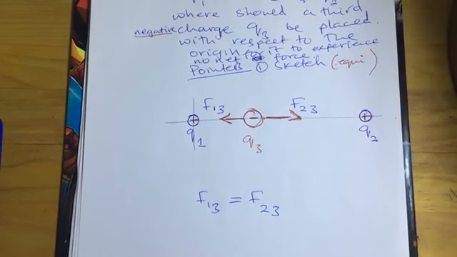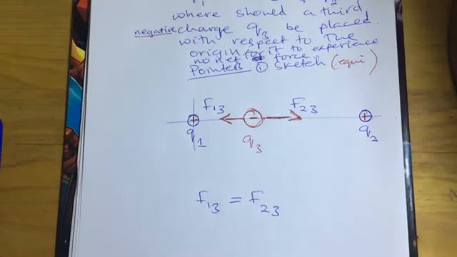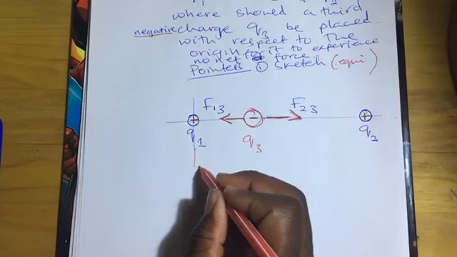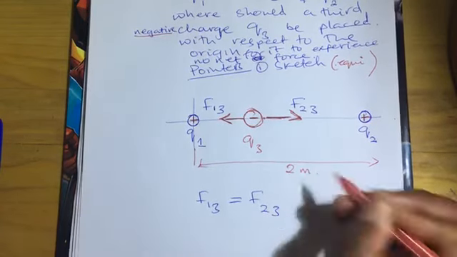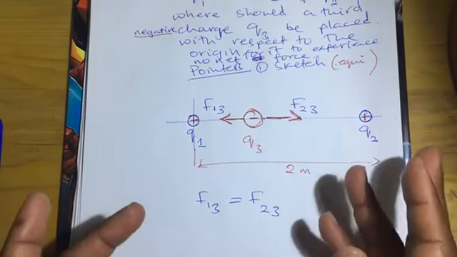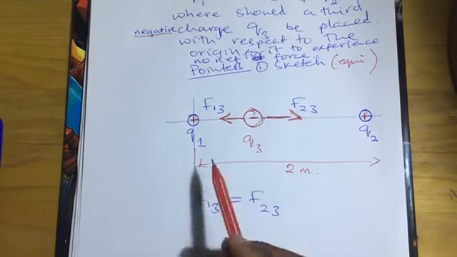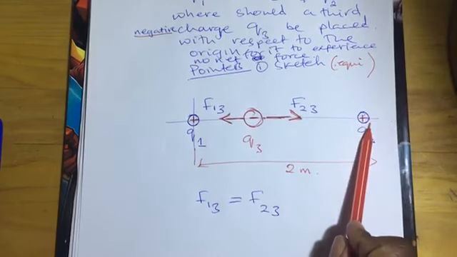You understand? Let's go. There's one other important aspect. They told us that the distance from Q1 up to Q2 is 2 meters. Now, these 2 meters need to be divided because I'm interested in the distance from Q1 to Q3 and the distance from Q3 to Q2.